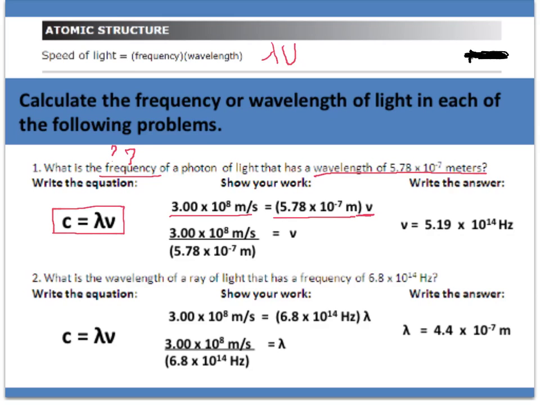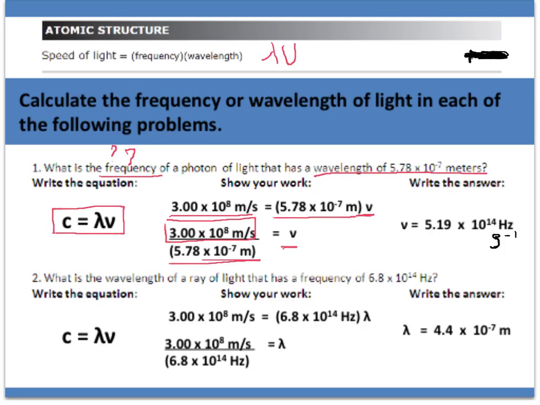So if we divide the speed of light by our wavelength, we get nu. And since we started with 1, 2, 3 significant figures, our answer must be given to 3 significant figures. Notice the units of hertz, or we could have used seconds to the minus 1. Okay, either of these would work, or cycles per second.